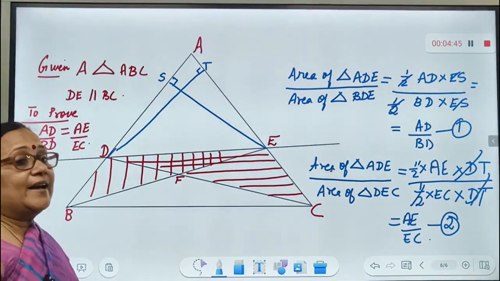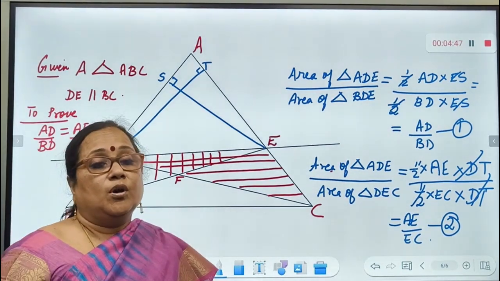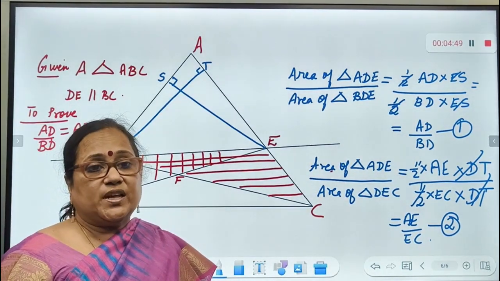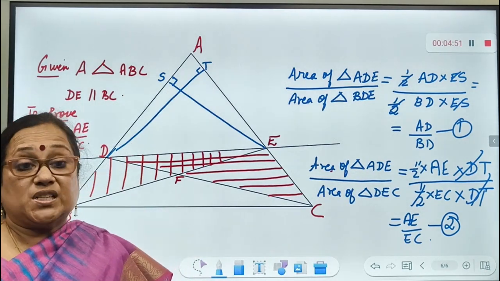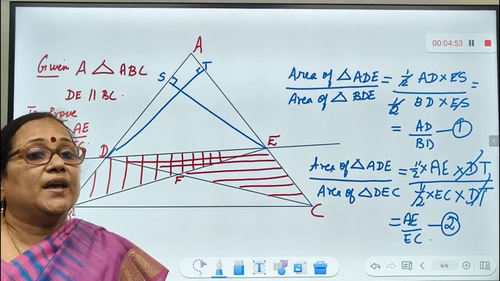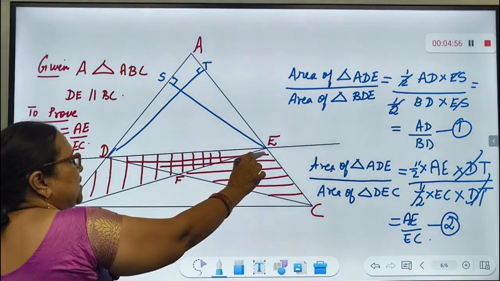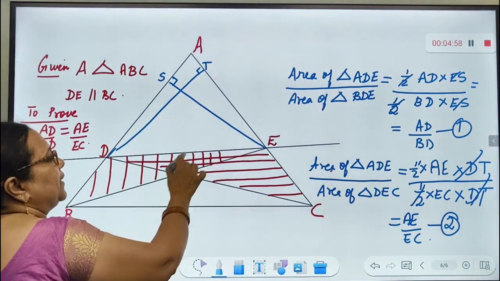Therefore, any triangles which lie between parallel lines with the same base will have the same height and the same area. They have the same base DE. They lie between parallel lines.